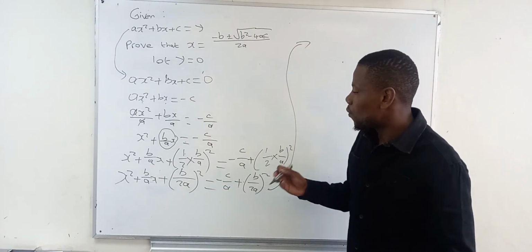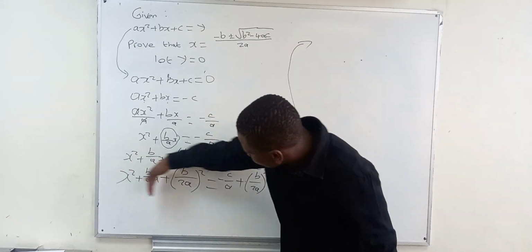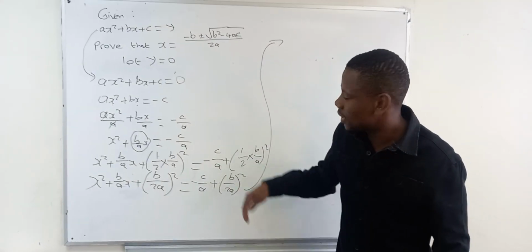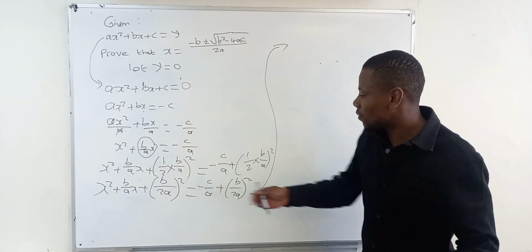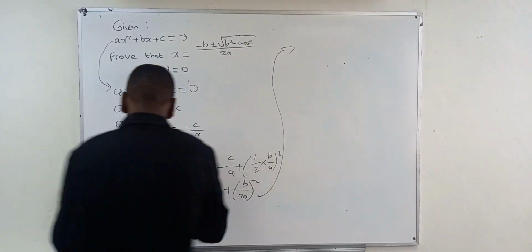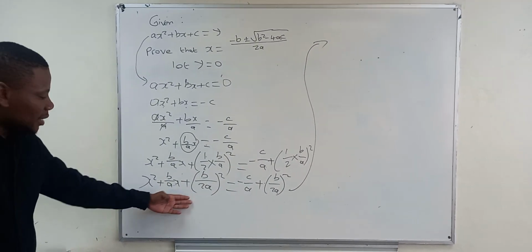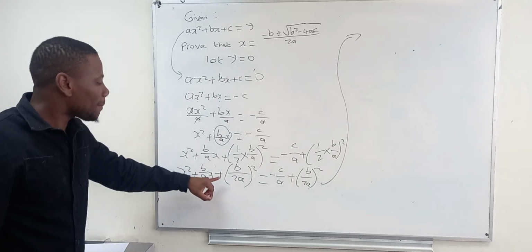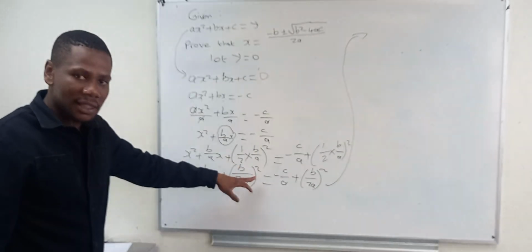Then from this, we do this. You simplify the first bracket and you come to this side, you simplify the second bracket, the second equation, I mean. So from this side, what can we do? We can factorize from here. We have x squared plus b over a, you multiply by a square, plus b over 2a, everything is squared.